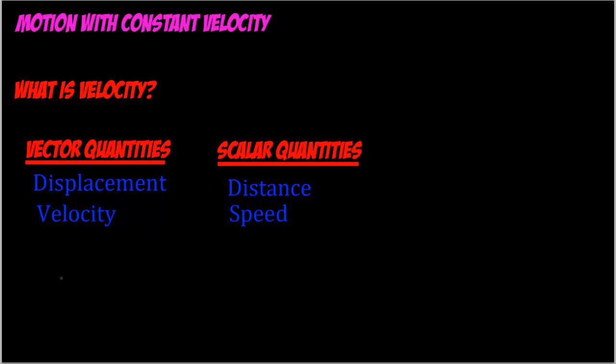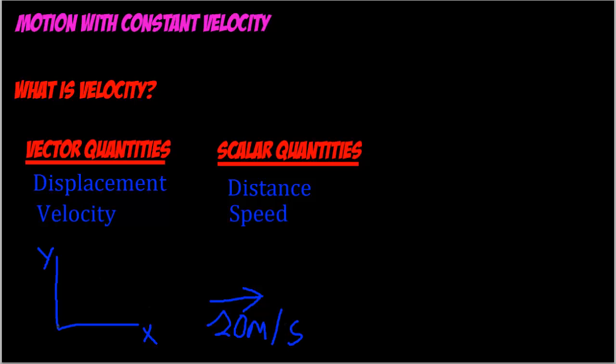So on a graph, let's just draw a simple x and y. So this is x and this is y. Speed would just tell you something like a car is going 20 meters a second.